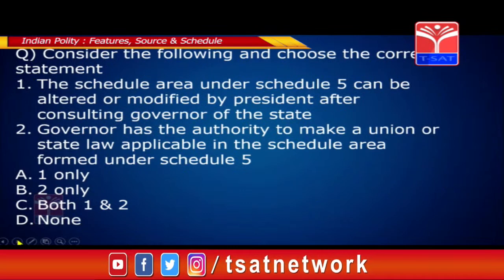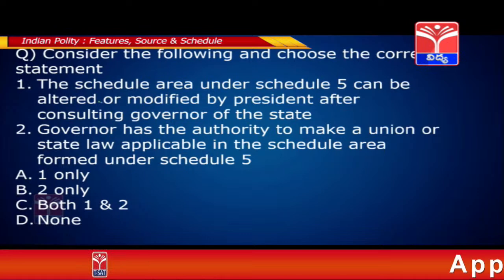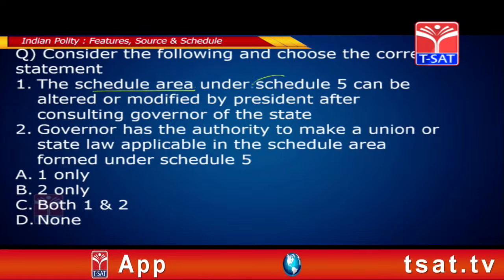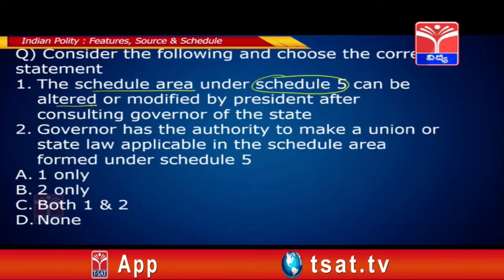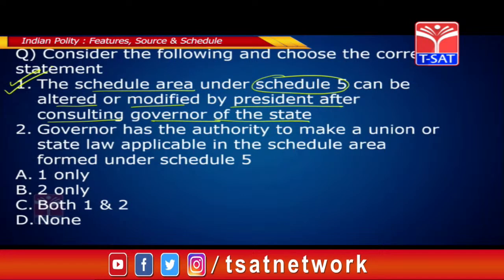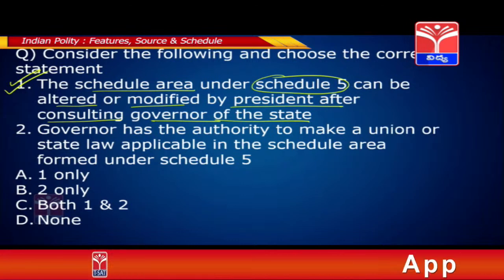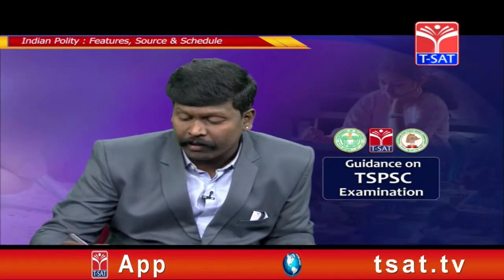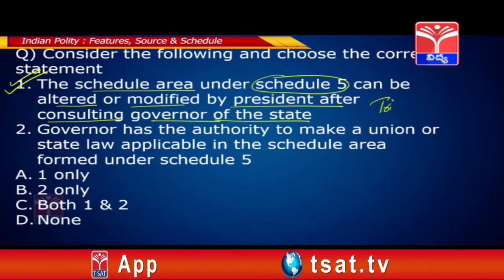Consider the following and choose the correct statement. Okay, this is related to schedules. The schedule area under Schedule 5 can be altered, modified by the President after consulting the Governor of the state. Absolutely correct statement. A schedule area is notified by the President of India, and this is called Tribal Advisory Councils.